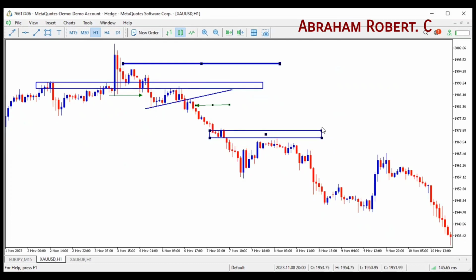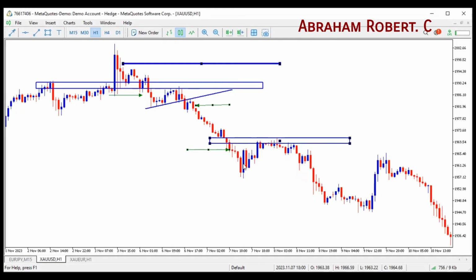This is structure. And look at what the market did. The market broke out of this structure from this point. Now, this is the candlestick to break. Now, mind you, this is with the trend, so it's much easier to trade. Now, this is the candlestick that broke the structure and retraced.